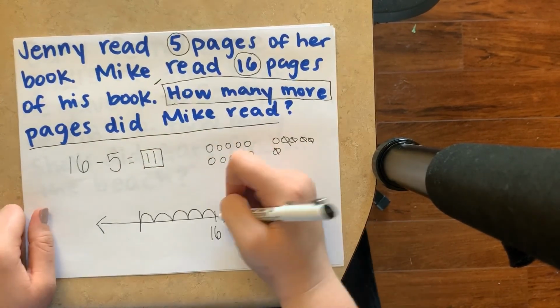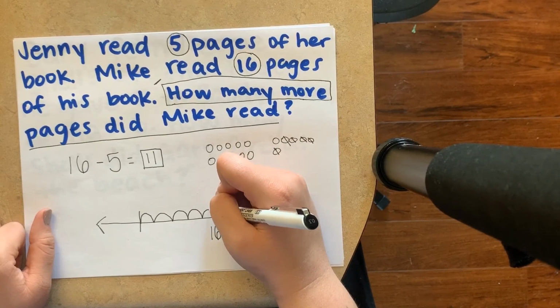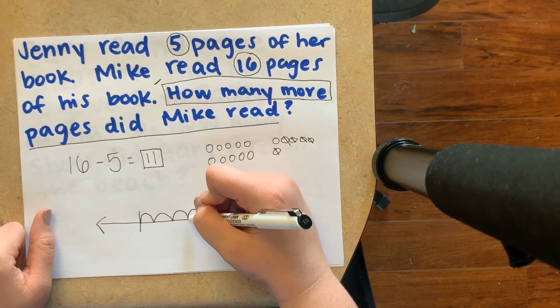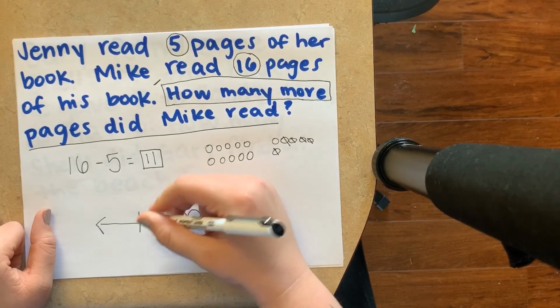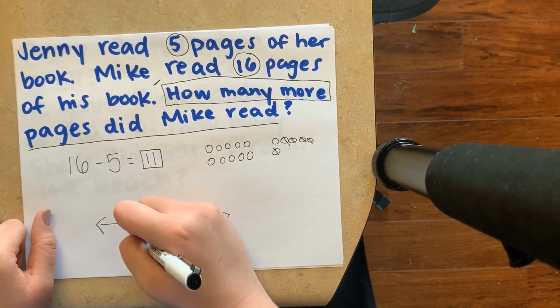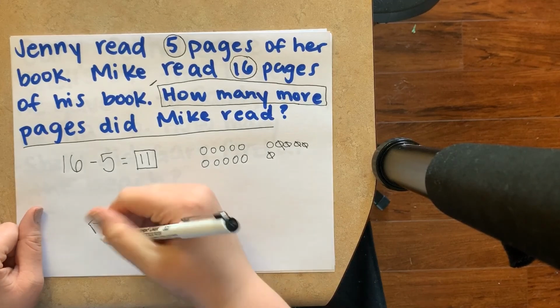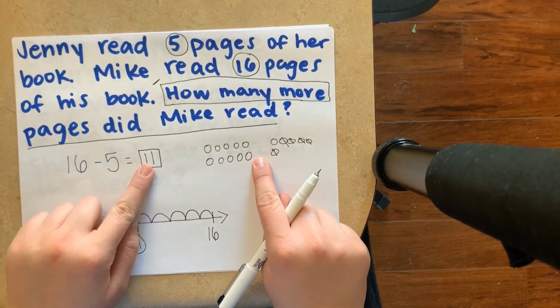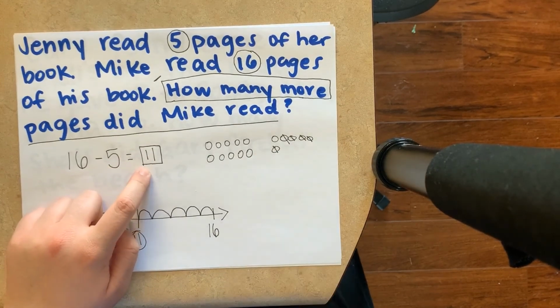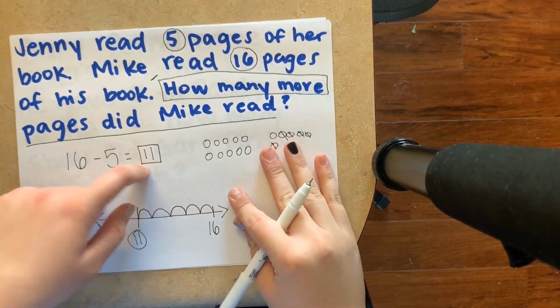Land here. So we just count backwards. 16, 15, 14, 13, 12, 11. So I got the same answer that I did counting backwards as I did with my picture. So I know that my answer is right, and you should have gotten 11 too.